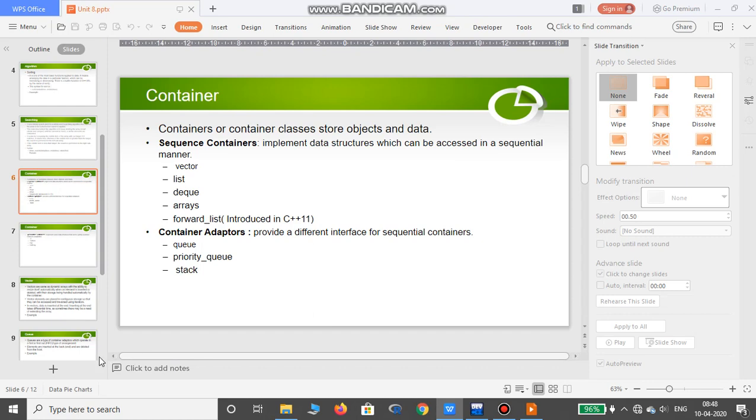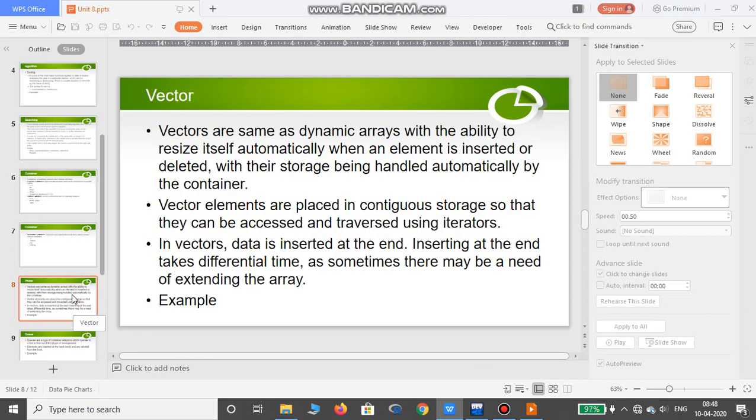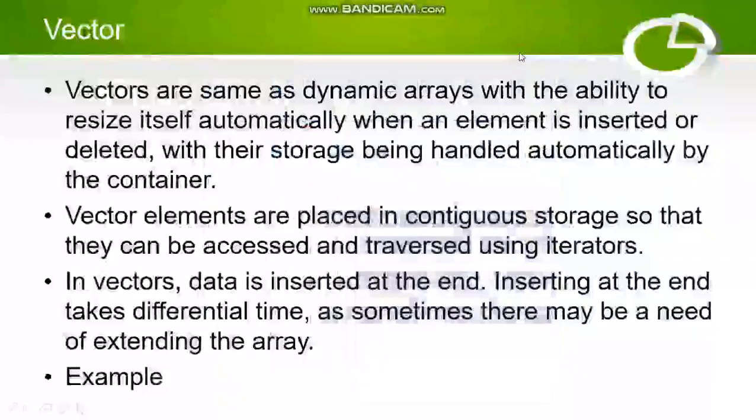Okay, so first we will see some examples from which you will understand. So first is the vector. Vectors are the same as dynamic arrays, with the ability to resize themselves automatically when an element is inserted or deleted, with their storage being handled automatically by the container.